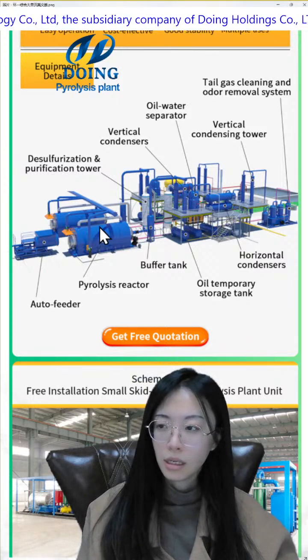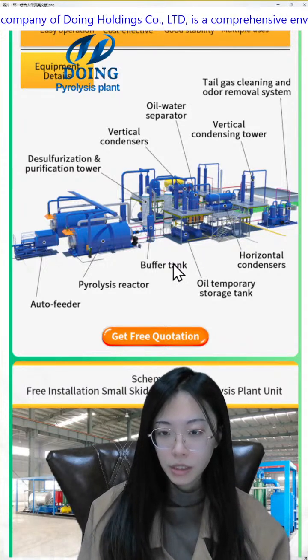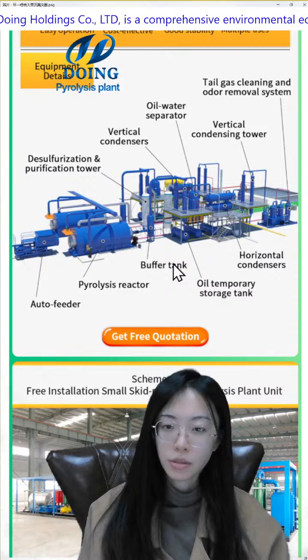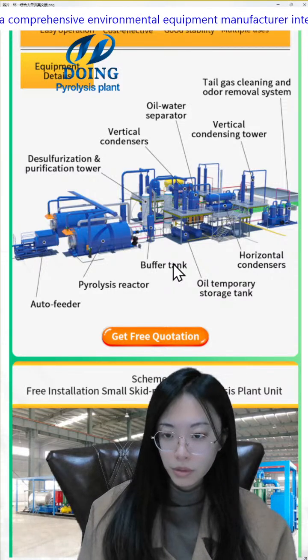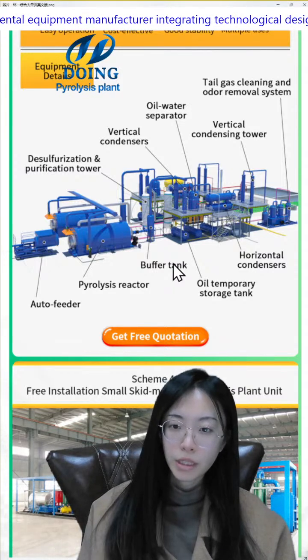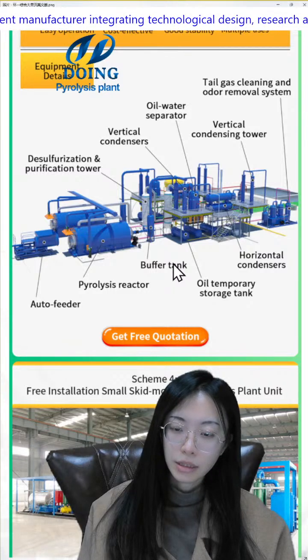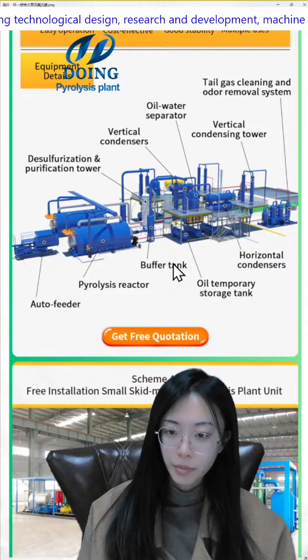This is the whole line, and the advantage of the batch type pyrolysis plant is that it can handle the largest range of materials. It can deal with different kinds of raw materials compared with the fully continuous and semi-continuous. You don't need to have some pre-process.